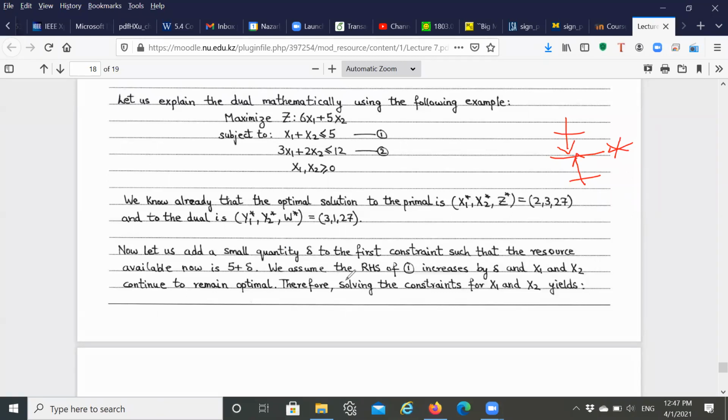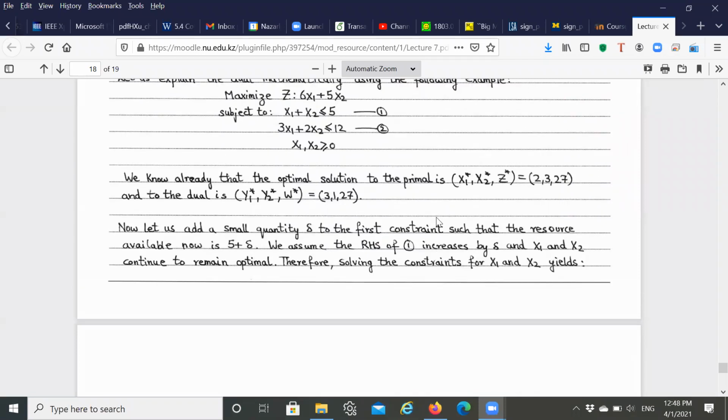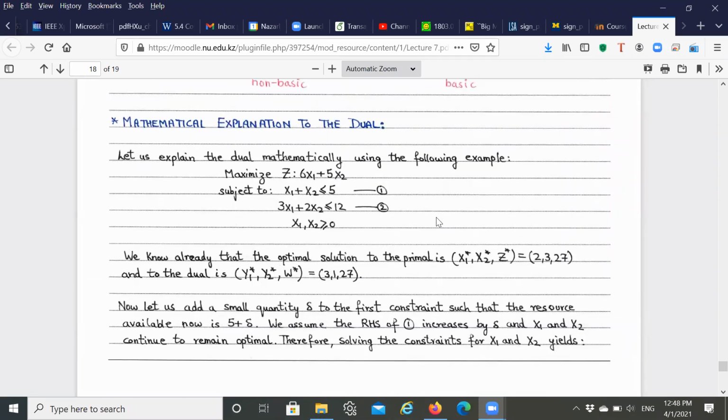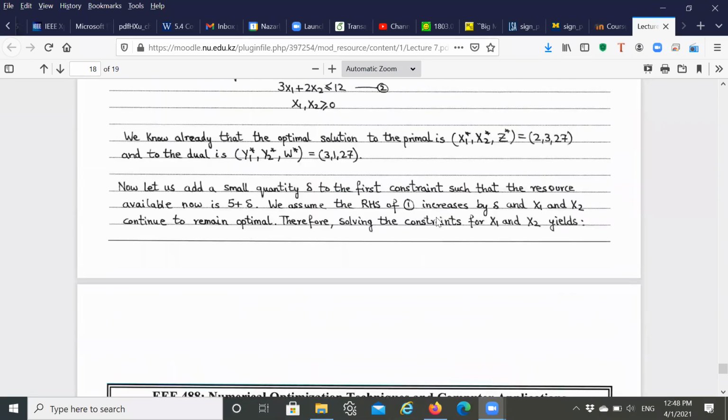Keep that in mind, because like I've written over here, it holds at the optimal solution, no other point. That's why I put a star. But then delta can be not even small, it can be like 1 or 2, right? Yes, it can be, and it can also be negative. I want to tell you the marginal value.